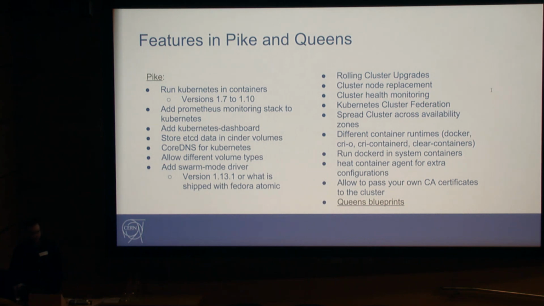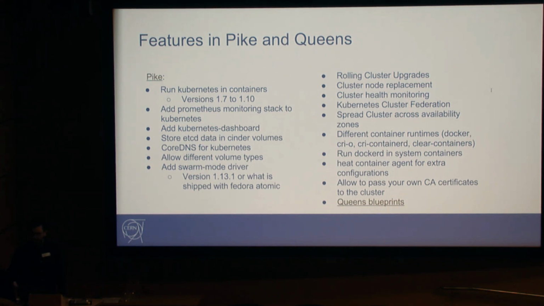So if Magnum detects that a node is down, or the cluster was supposed to have 10 nodes, but 2 nodes are not responding or not behaving properly, just delete them and create new ones. Because in container clusters, this is how the workflow is supposed to work. You don't care about your compute resources. You must implement your application in a way that you are not bound to specific nodes.